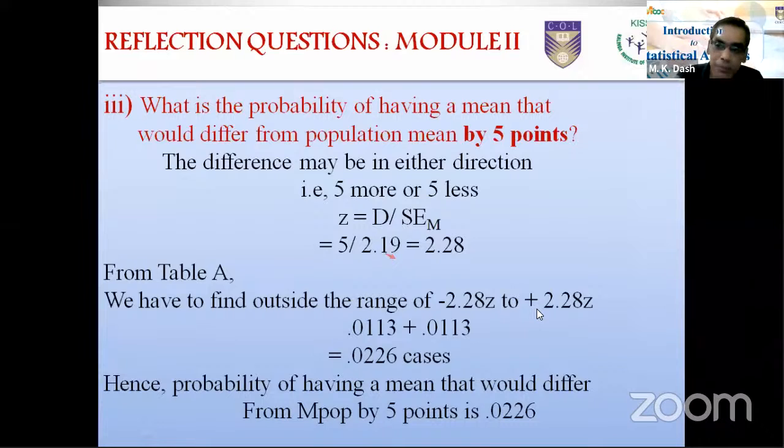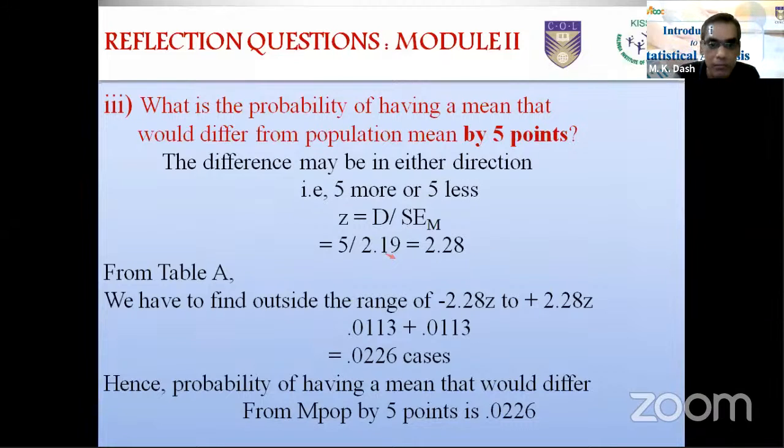So beyond the negative z value and after the positive z value, you just add both values, and you will get 0.0226. How will you interpret it? We can interpret that the probability of having a mean differing by 5 points is 0.0226.